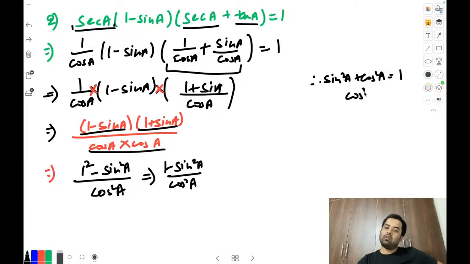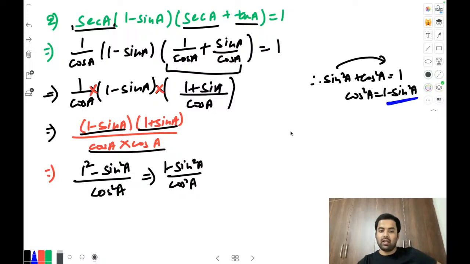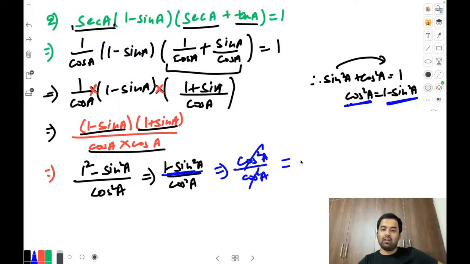Now shift that side, so this becomes 1 minus sine square. Now tell me, as you see, 1 minus sine square here and 1 minus sine square here. At the place of 1 minus sine square, can we keep cos square? So just keep cos square at that place. Below is what? Cos square only. Cancel out, what will come? 1.